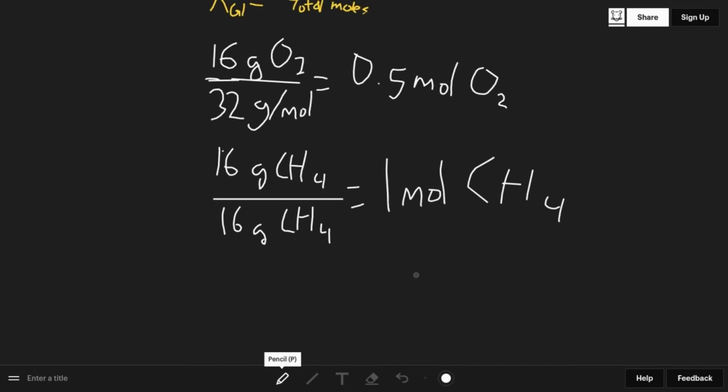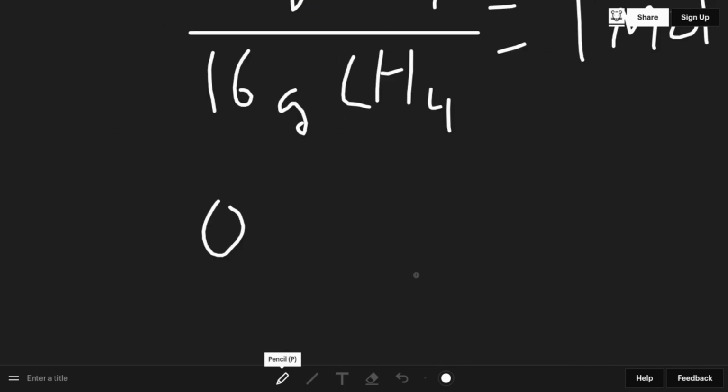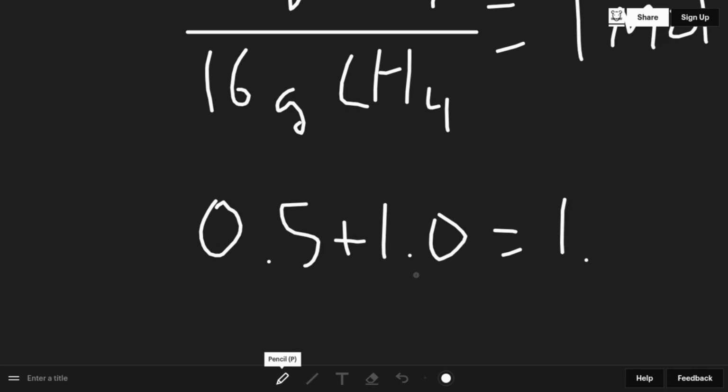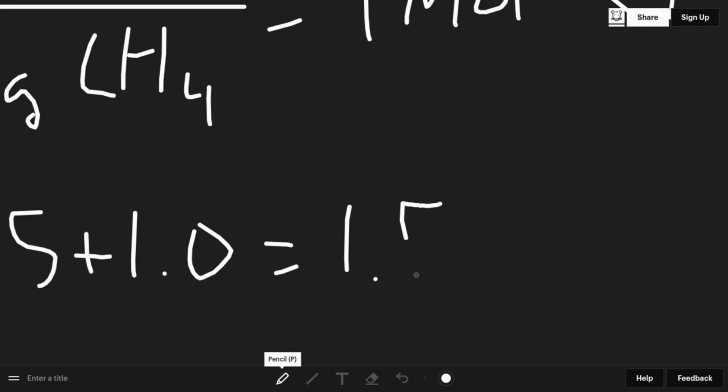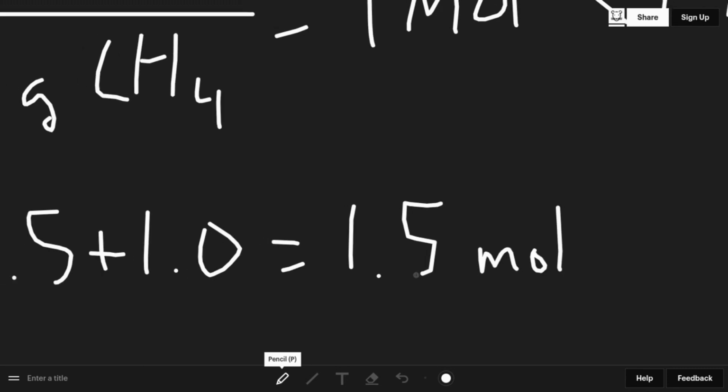Then we add these two numbers up, 0.5 plus 1, and we get 1.5 moles total.